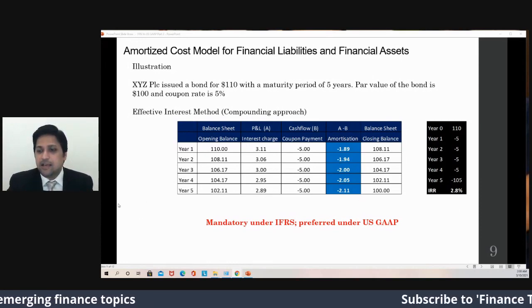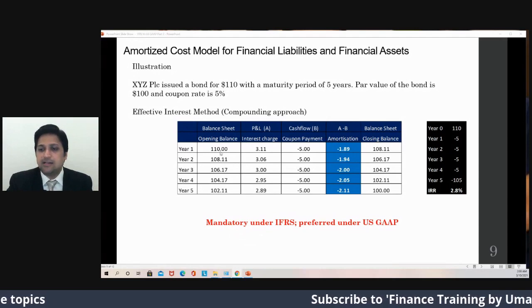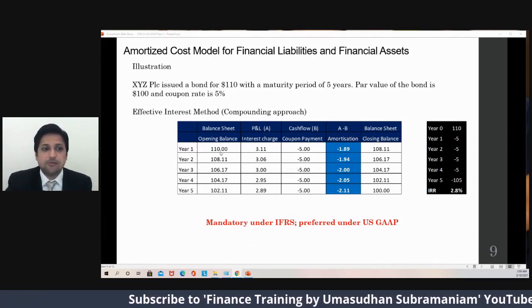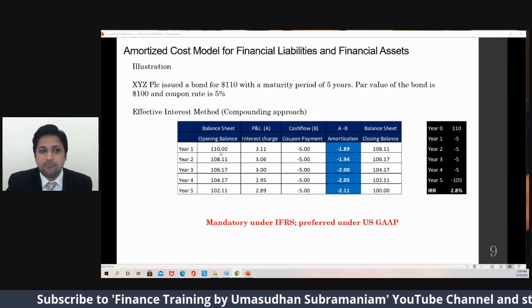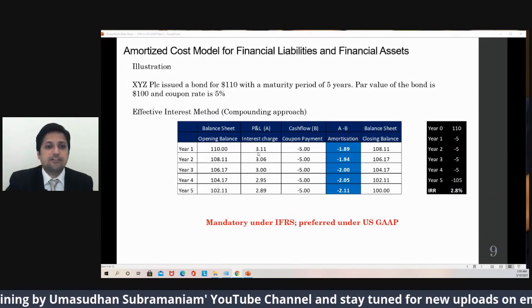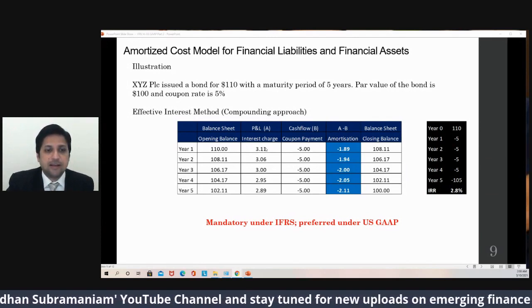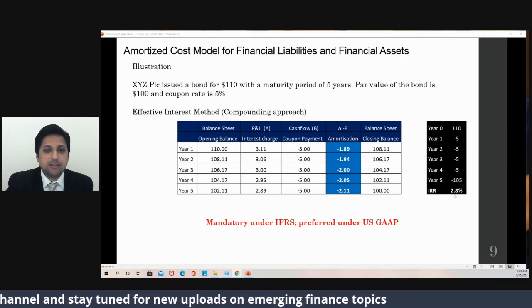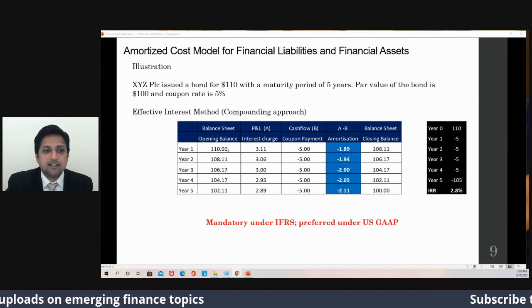If you look at the beginning, the $110, the issue price of the bond, should go into your balance sheet as an opening liability. And then you need to charge an interest rate on that. And the interest rate is the IRR of the bond. So that's going to be 2.8%. So you charge 2.8% times your $110.